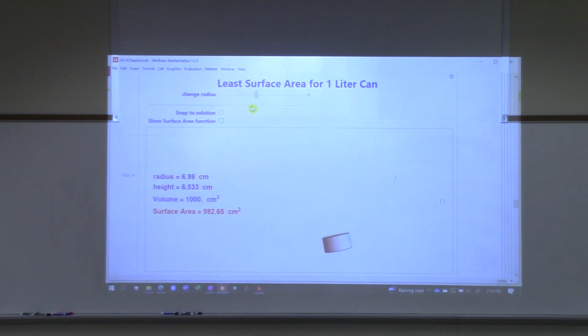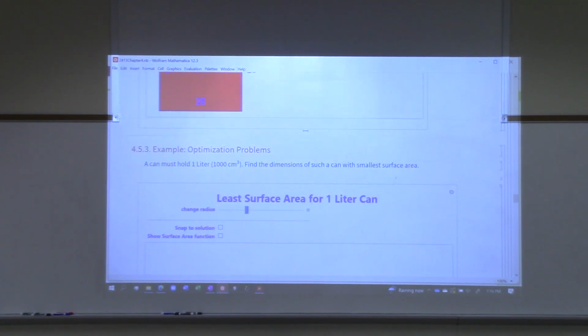Where is it the best? Somewhere around 553, I think. So somewhere in here is the optimum way to do it, so that we get the least amount of surface area.